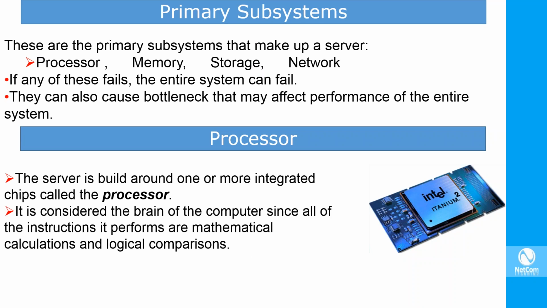So what are the components that will govern our selection? There are some primary system components that any server technician must bear in mind and take care of before designing or selecting a server solution for a client.